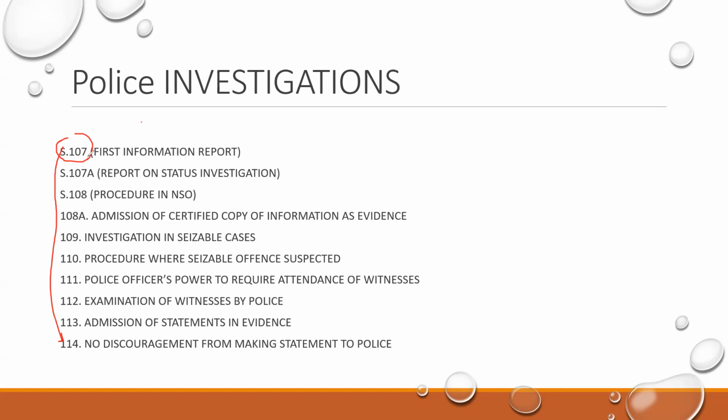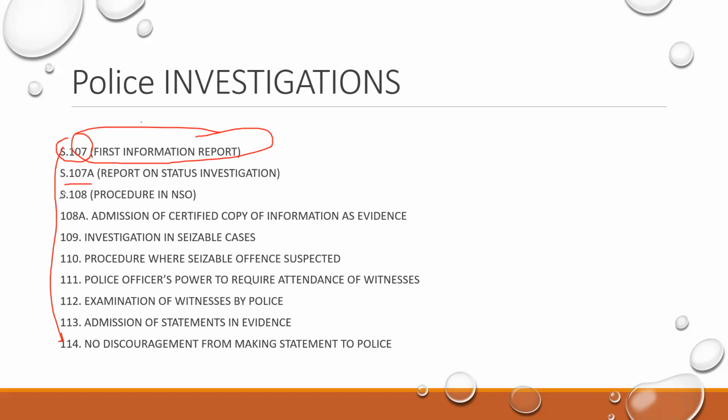For example, section 107 is about the first information report. Section 107A is the inquiry of the status of investigation from the complainant to the police.